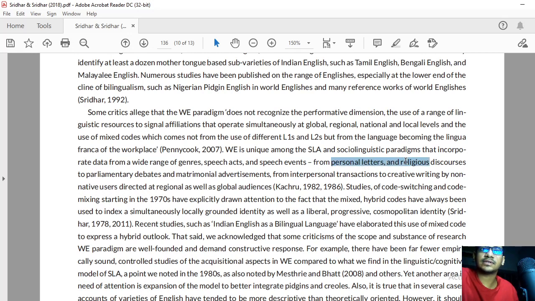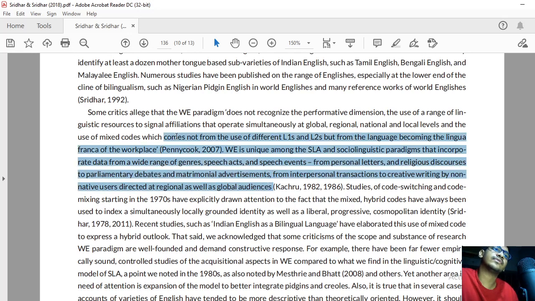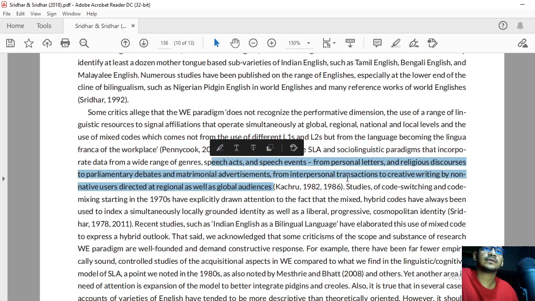For example, personal letters, religious discourses. So these specific contexts are also studied in World Englishes. So it cannot be a criticism that Kachru did not touch on this, as Sridhar and Sridhar are actually quoting Kachru here. So Kachru himself said that World Englishes talk about these things. So Kachru was obviously aware of these.